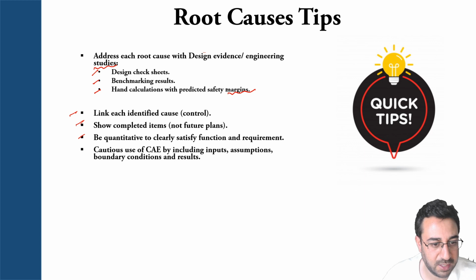That happens by including the inputs, assumptions, and boundary conditions used, and eventually you clearly show the results in your final reports coming out of those CAE, so that the experts can identify if the process used in creating CAE-supported analysis is valid and good to go to be used as a solid reference in identifying causes and clearing out concerns.